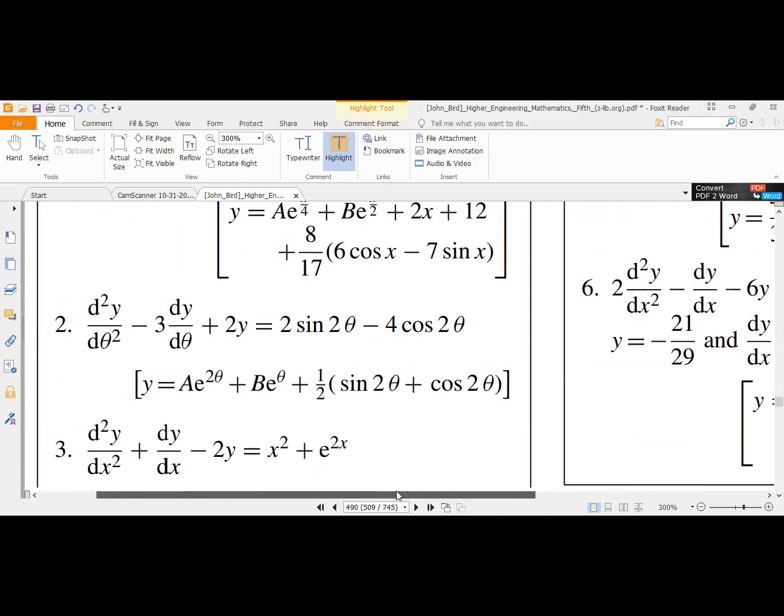What would be the particular solution? Hello, class. Look at it very well. We are having f of x to be 2 sine 2 theta minus 4 cos 2 theta. So what do you think should be the assumed particular solution?